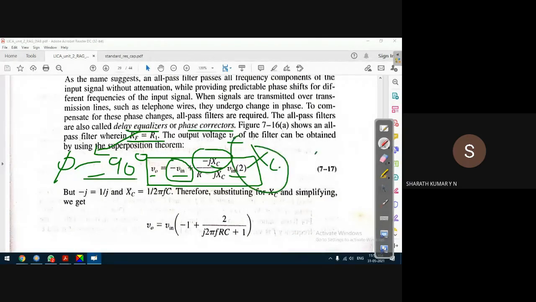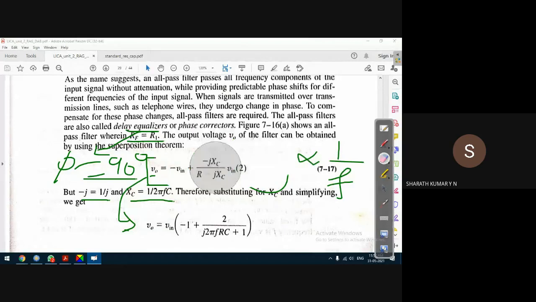XC is inversely proportional to frequency. Rearranging this expression, with XC equal to 1 by 2 pi FC, we can write the output expression as V0 equal to Vin times minus (1 minus j2 pi FRC) divided by (j2 pi FRC plus 1).